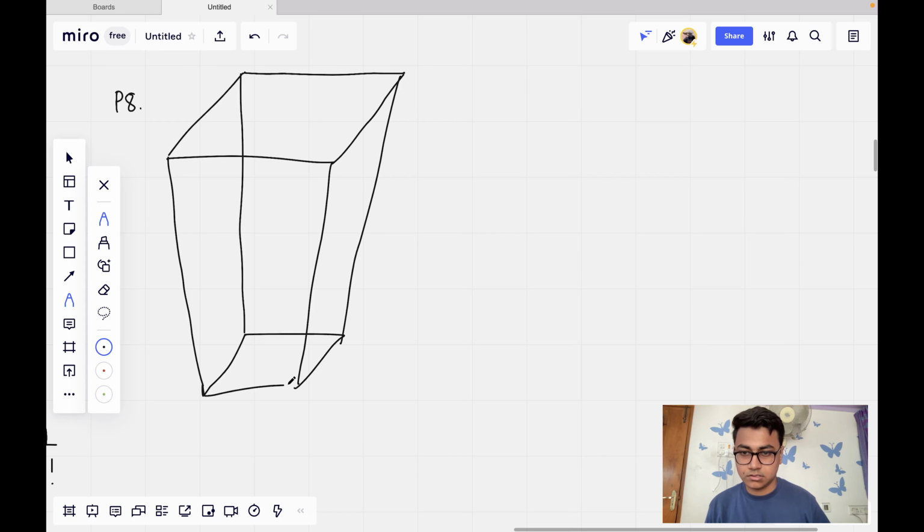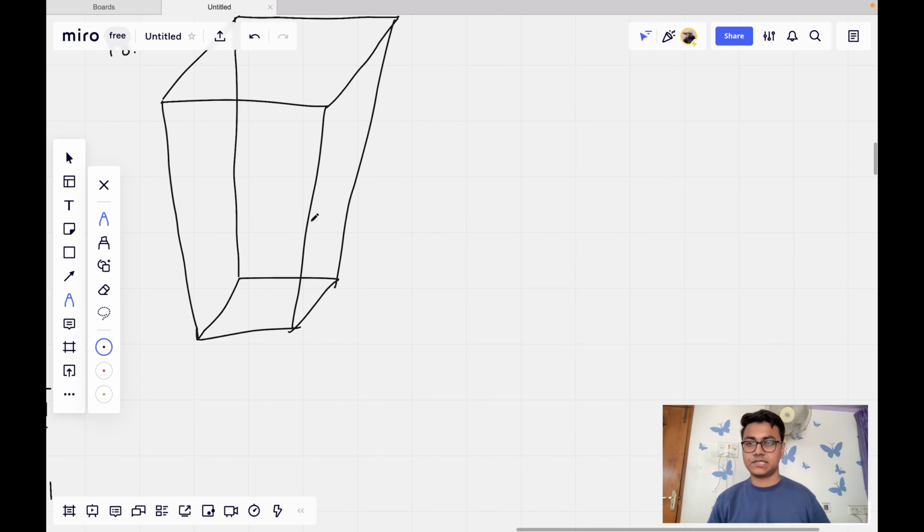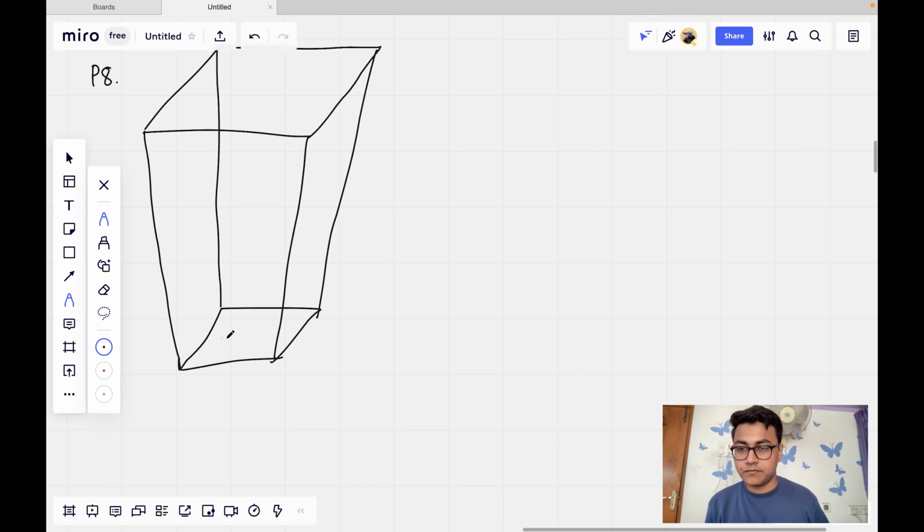I think this is pretty good. This is the best I can do. So we put on the values. We will label some points here.